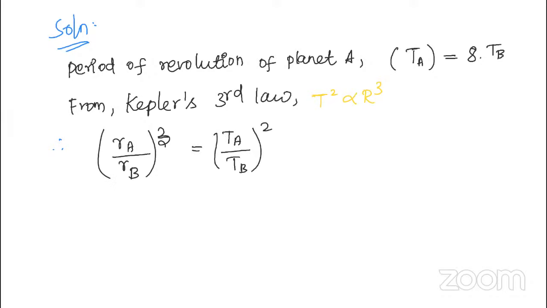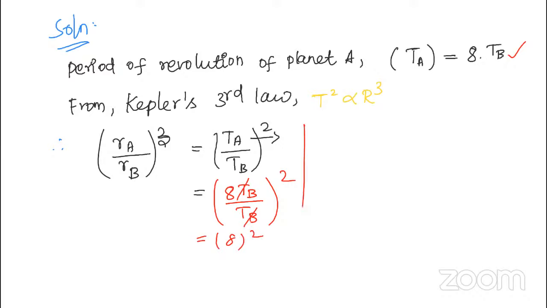So in the formula we substitute for TA, which is 8 into TB. So 8 into TB divided by TB, the TB values cancel. So 8 square.